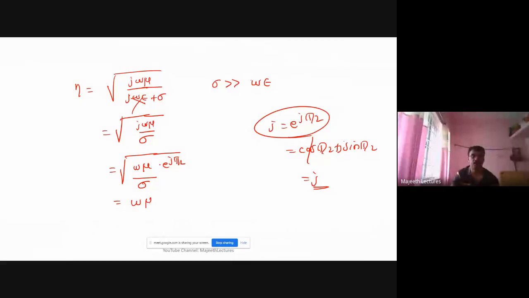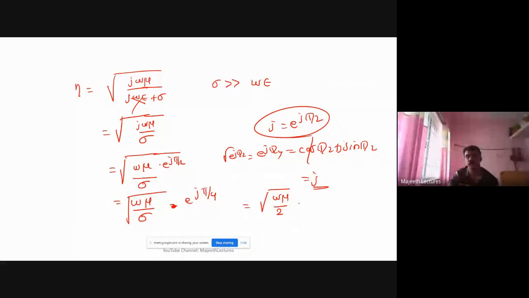So omega mu divided by sigma e power j pi by 2, I take the root of e power j pi by 2. Root of e power j pi by 2 is e power j pi by 4. So that is equal to root of omega mu divided by sigma times e power j 45 degrees.